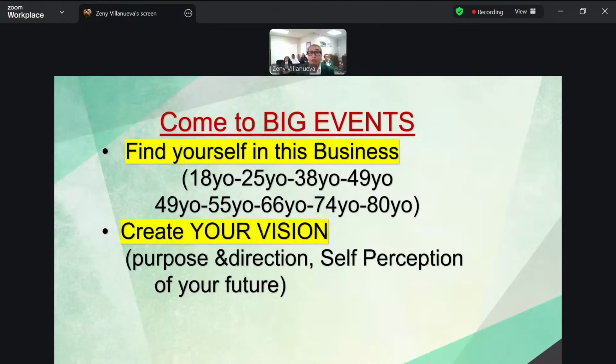Create your vision, your purpose, and your direction. What is your purpose here? Where are you going? A vision is your self-perception of your future. Do you see yourself in the next 20 years? Where do you see yourself?